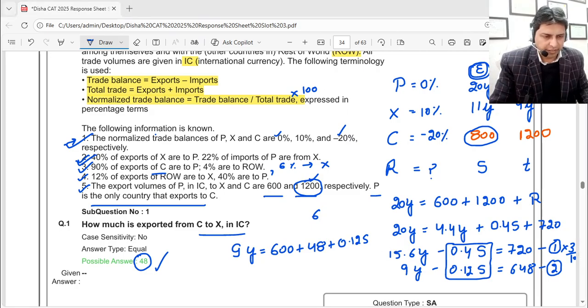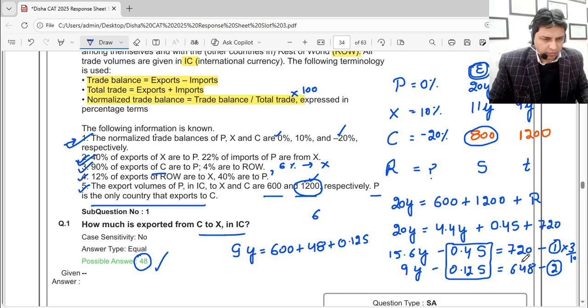So we're going to get 4.68Y minus 0.12S, that is equal to 216, as the 10 gets cancelled. So this equation converted to this.